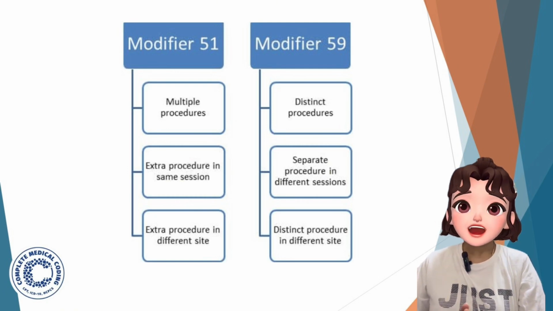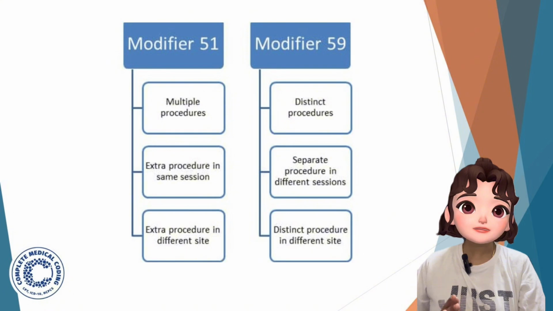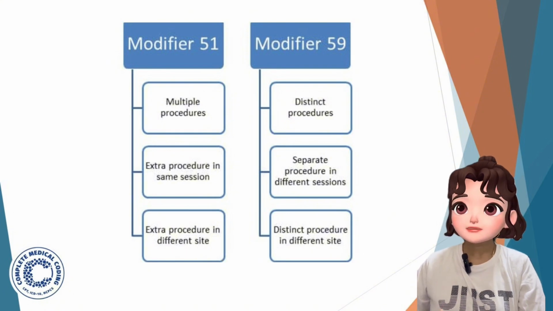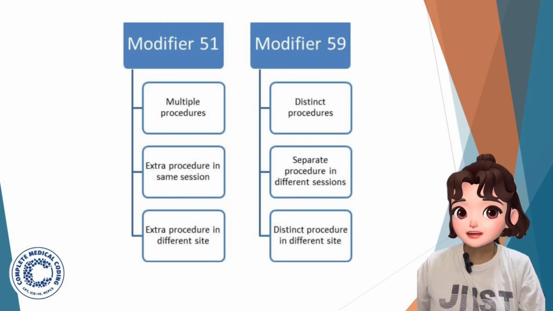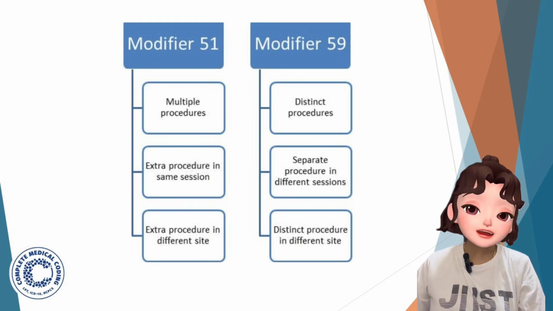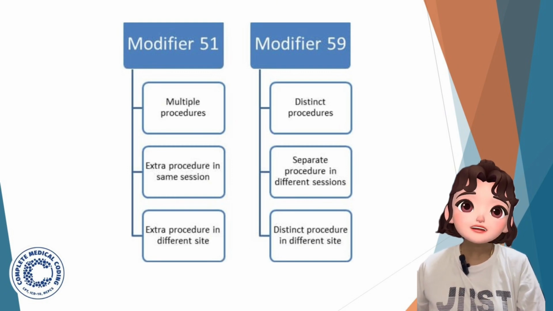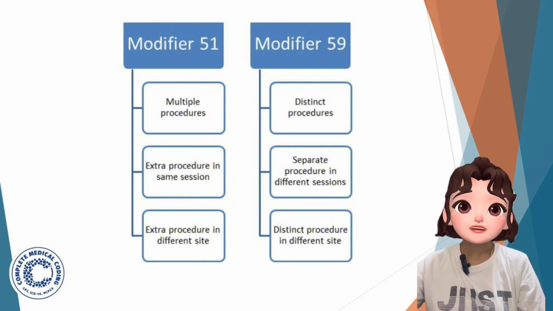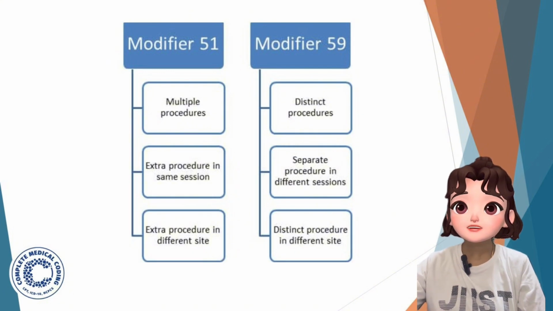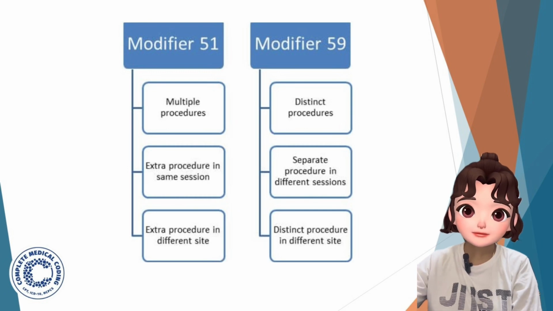The 51 modifier is an extra procedure in a different site, and the 59 modifier is a distinct procedure in a different site. If it is the same anatomical site, it will be at different times.